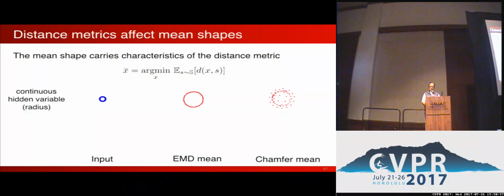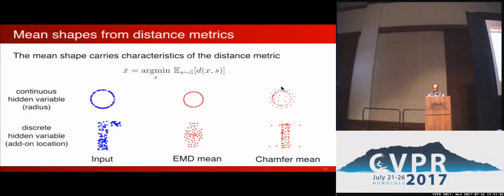So if you think of a distribution over shapes, for example, you take this circle of points and vary the radius. If you look at the mean shape in terms of the earth mover's distance, you get a fairly nice and clean circle. If you do the same thing with the Chamfer distance, well, you get a noisier version.